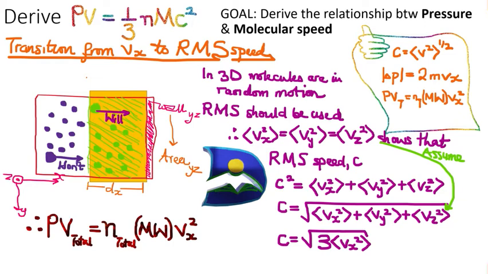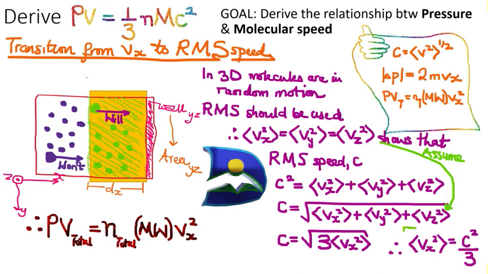Therefore, performing the square root and solving here for the v squared on the x average, we will then arrive at this expression which shows the relationship between the velocity squared on the x mean and the root mean square, which is represented as c.